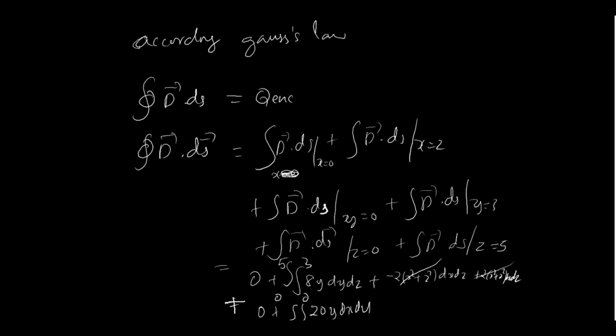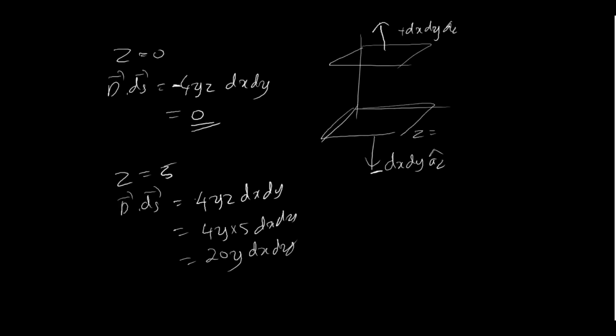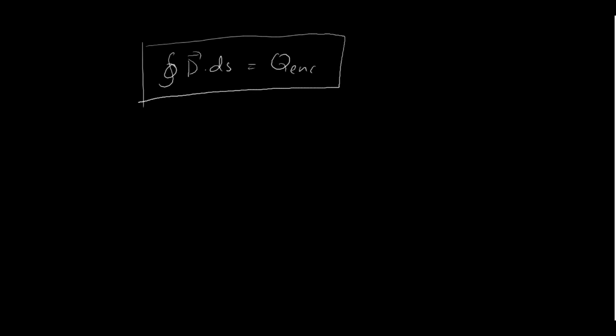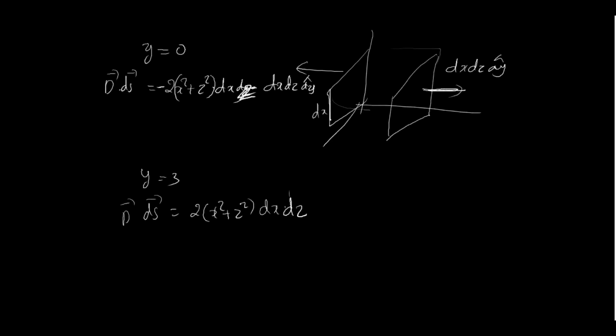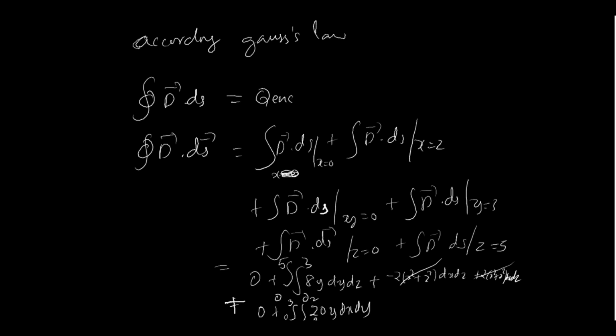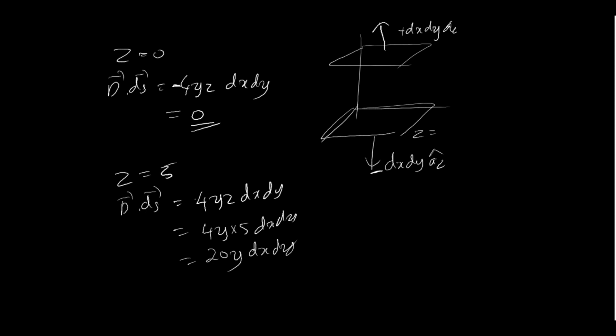Now what are the limits for x and y? x is 0 to 2 and y is 0 to 3. Correct? Okay. So our final integral is limited to only two integrals now.